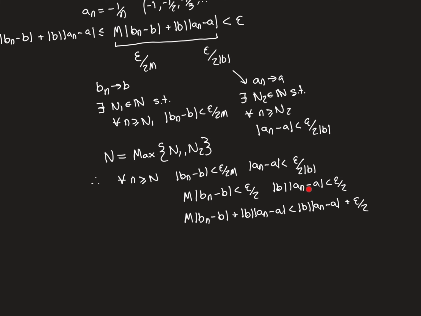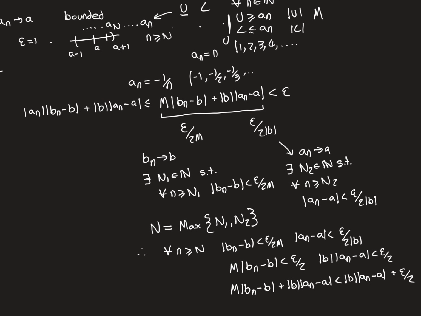So we then have this thing plus epsilon over 2 is less than epsilon over 2 plus epsilon over 2, which is epsilon. And then by transitivity, we'd have this thing is therefore less than epsilon because this thing is less than this, and we've manipulated this so that this is here. So we'll then have that this is less than epsilon. So we'd then have overall that this is less than epsilon, which is as desired.